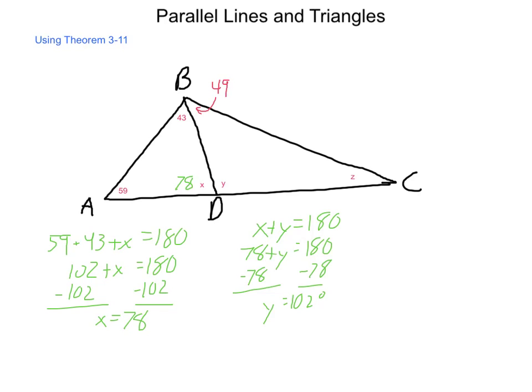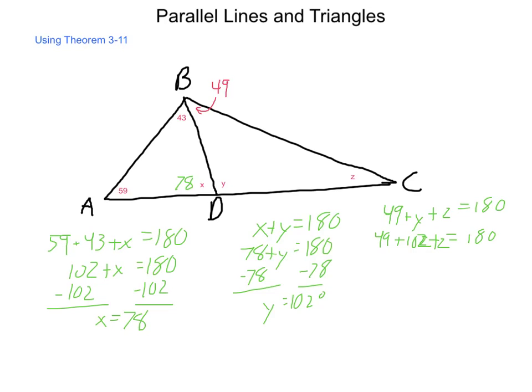So using the triangle sum theorem in any direction, we can say that 49 plus angle Y plus angle Z has to equal 180. Well, 49 plus 102 plus Z is 180.